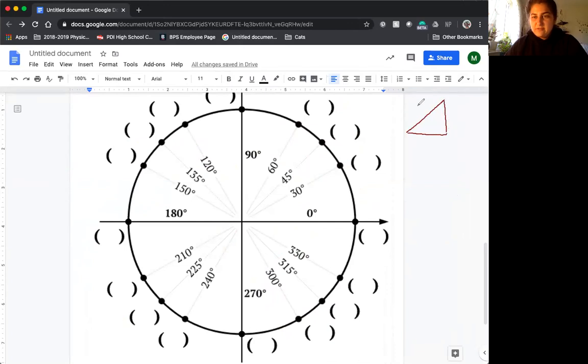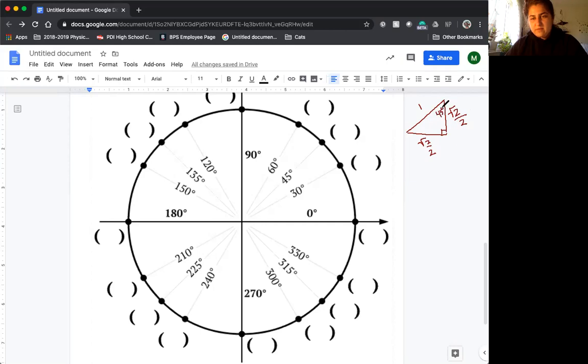Sorry that this looks a little funky, right? So if my hypotenuse was 1, then both of these were √2/2 and √2/2. Right, and this we decided was 45.